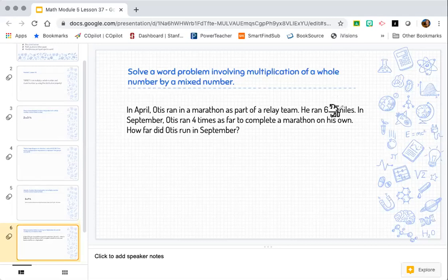That is so terrible, I apologize, but that's the best I can do. So he ran 6 and 55/100 miles as part of his marathon relay.